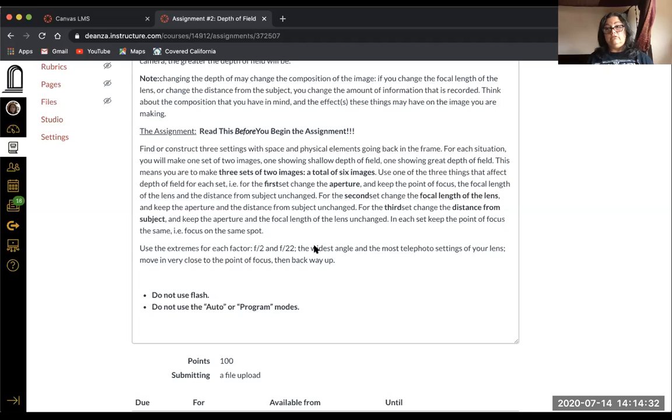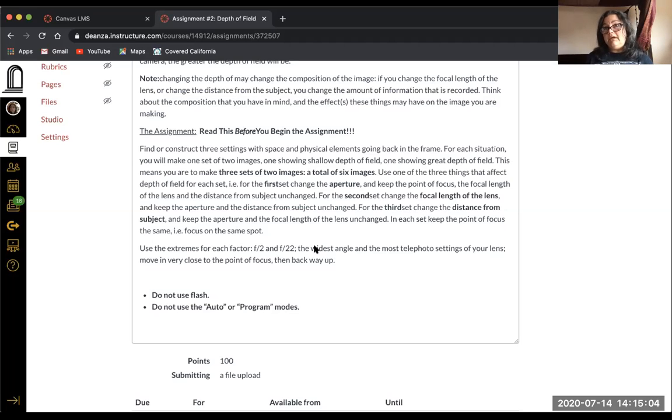So you'll be in a different situation than the first one, find another place to shoot, different subject. You'll choose the point of focus. You'll choose your distance from the subject. You'll choose a specific aperture, so let's say f8 or f11, and you'll change the focal length of the lens to show the change in depth of field.